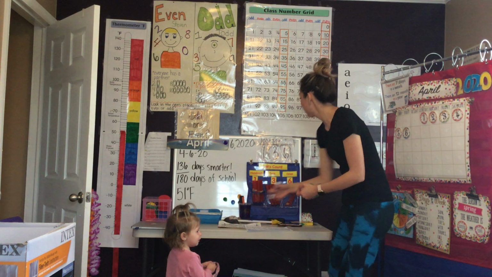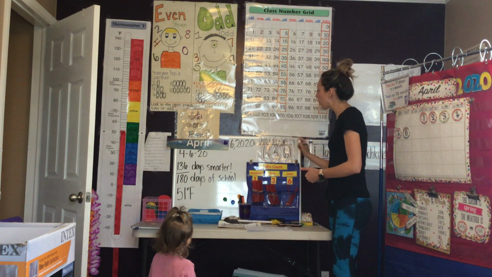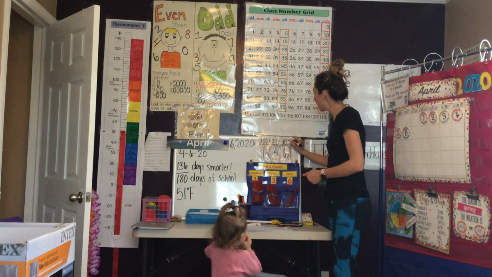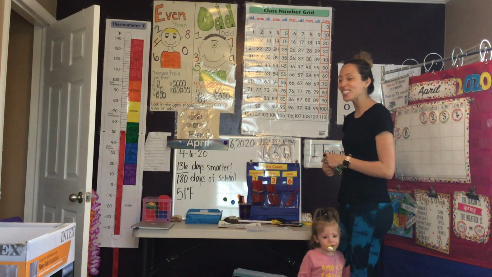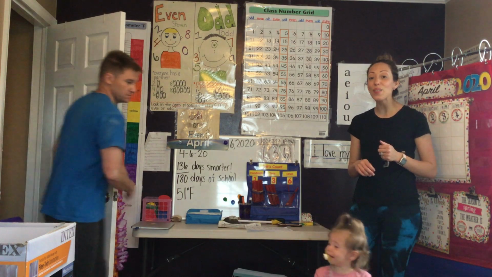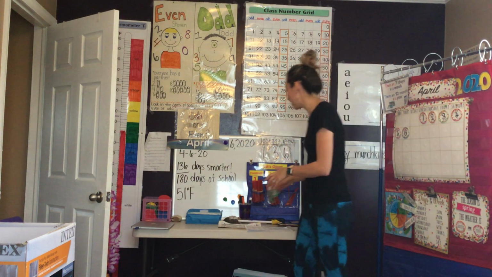Here you go, honey. Now, if you add that all up, 100 plus 30 plus 6, that equals 136. So that means you have been in school for 136 days, and that you are 136 days smarter. Woo woo! Good job, boys and girls.